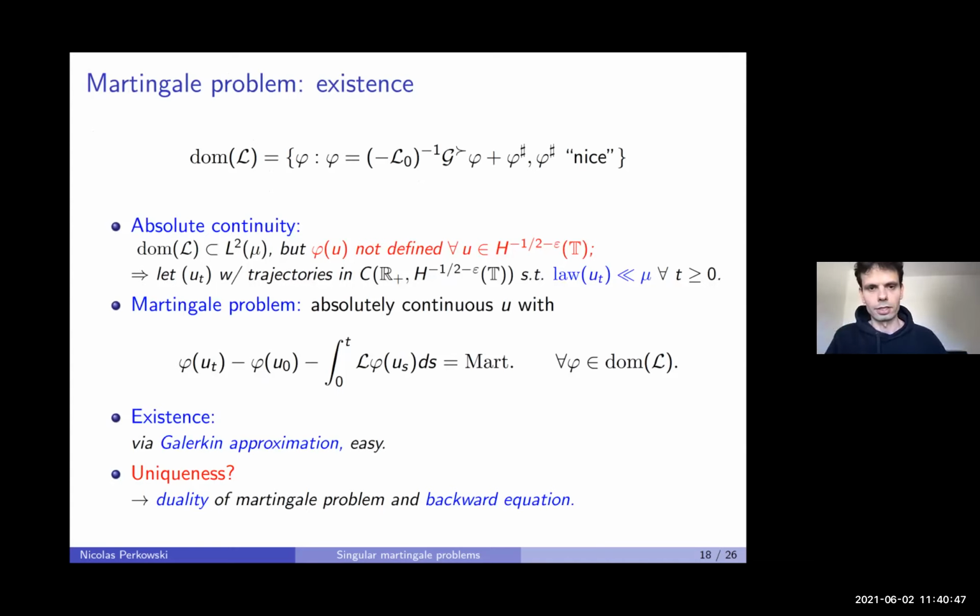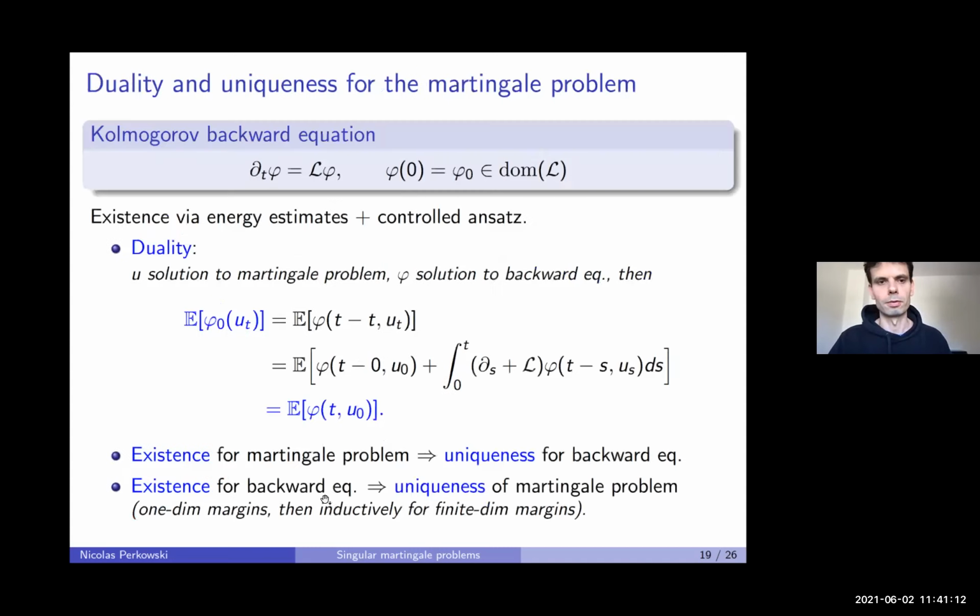Based on that, this was really the main part. After that, we can prove that we have existence of solutions to the Martingale problem. This goes through Galerkin approximation. There's a lot of technical computations necessary there, but somehow it's all as you would expect it to happen. Somehow you do everything like you would expect to have to do it, and that works. And for proving uniqueness, we use the duality of the Martingale problem and the backward equation. So the Kolmogorov backward equation is this equation here.